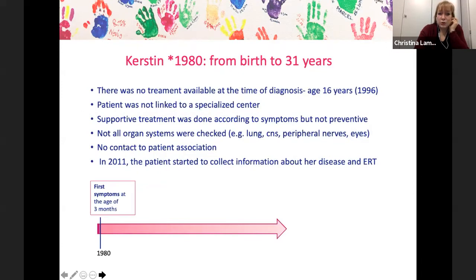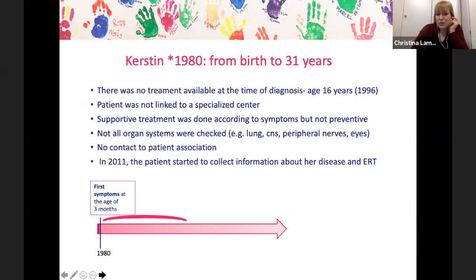So just to show you again, the first symptoms, the stiffness of joints, the shoulders and the hip dysplasia, and also the umbilical hernia, the recurrent infections, started in the first months of age, but they were not really understood because they are so unspecific, but they were not understood to be in MPS patients. There was no treatment available. As I said, when she was diagnosed, the patient was actually, due to that, not linked to a specialized center.